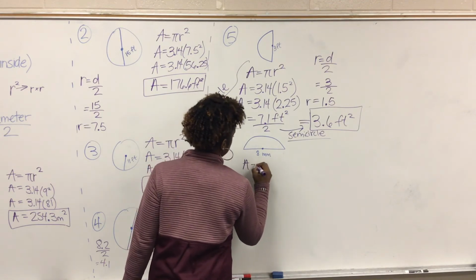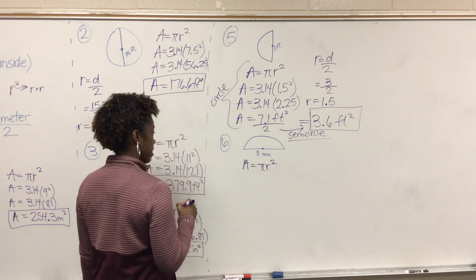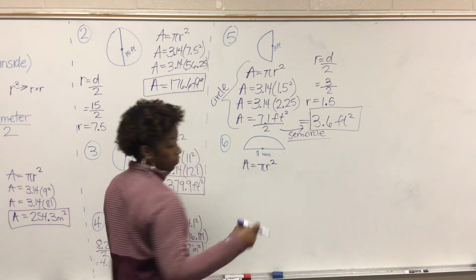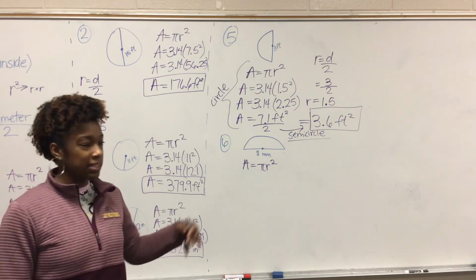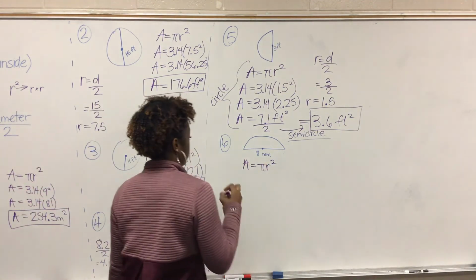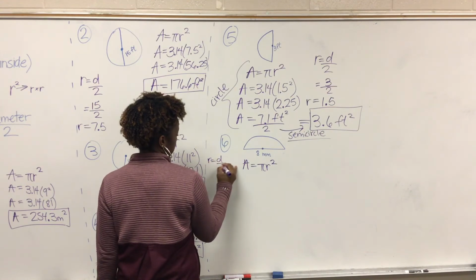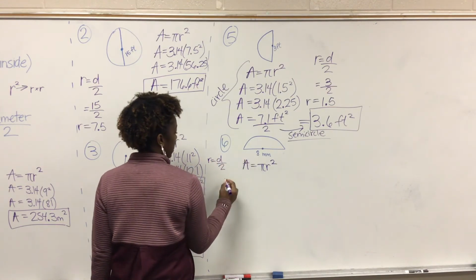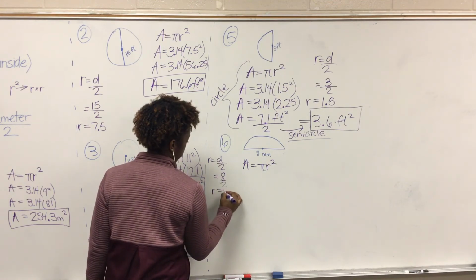A equals pi r squared. We need the radius once again. In order to find the radius, you have to divide the diameter by 2. So radius equals diameter divided by 2. The diameter is 8, so our radius is 4.